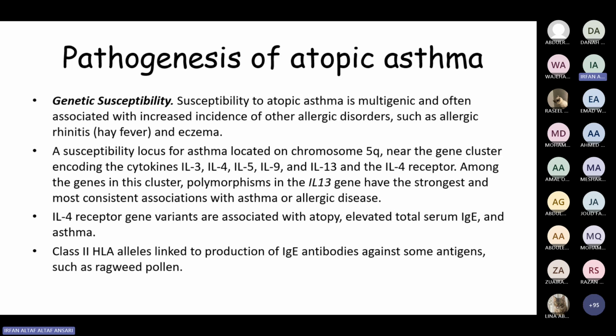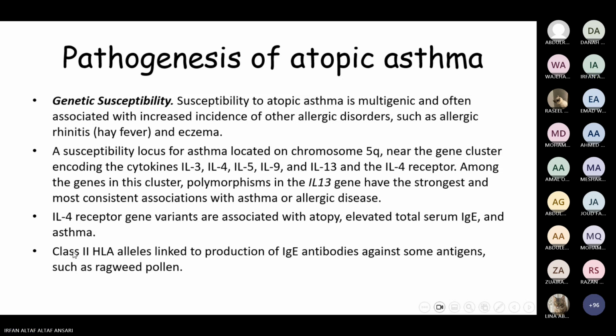So genetic susceptibility genes are located on chromosome 5q, close to all these cytokine-forming genes, and among all, the interleukin 13 gene has a very strong association with asthma and allergic diseases, while IL-4 receptor gene variants are associated with atopy and elevated total serum IgE. So whenever you see high IgE, it is due to the interleukin 4 receptor, and allergic diseases and asthma are due to interleukin 13.